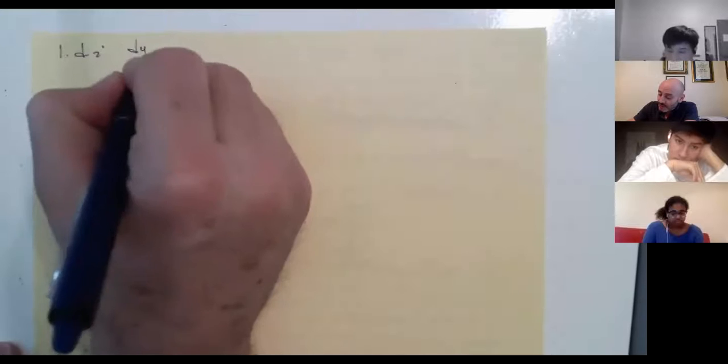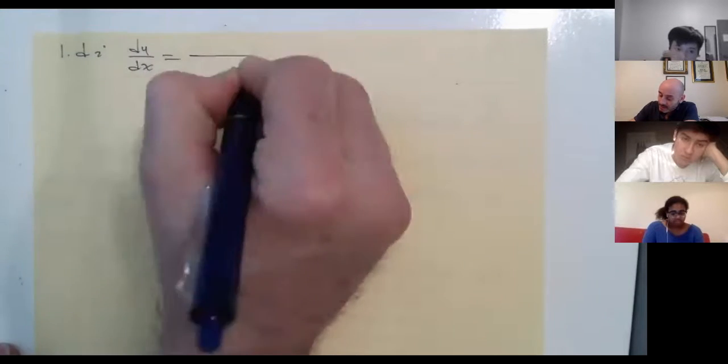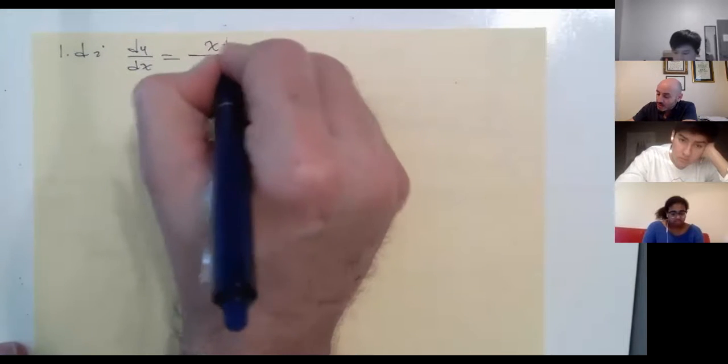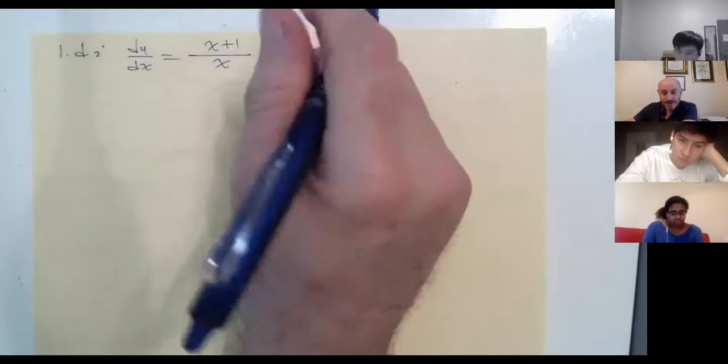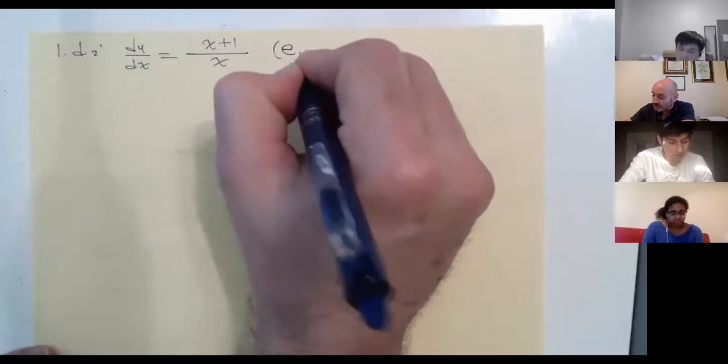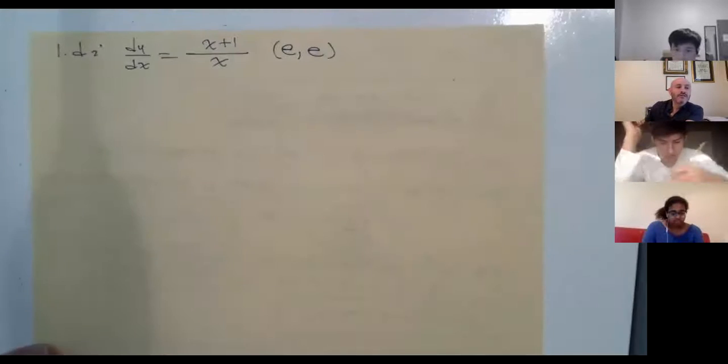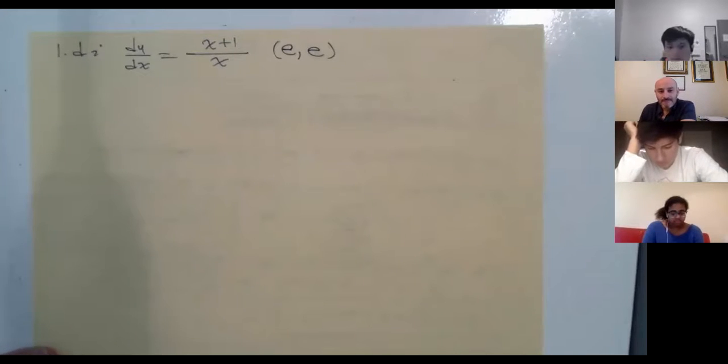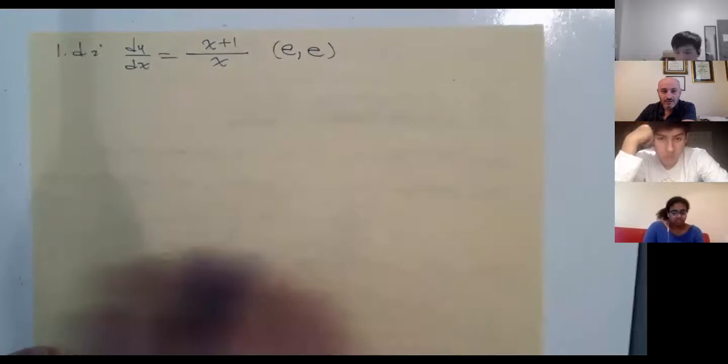All right, so let's do D. 1D, I, okay? It says that we have dy dx equals x plus 1 over x, right? And the condition is x equals e, y equals e, right? The question is the same. Find the equation of the original curve, right? Basically solve this differential equation.